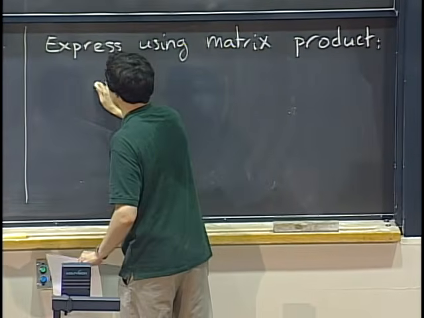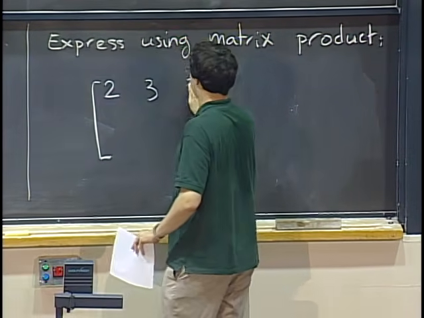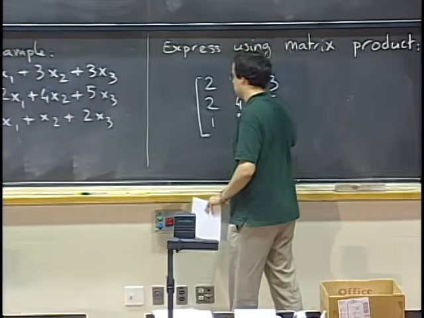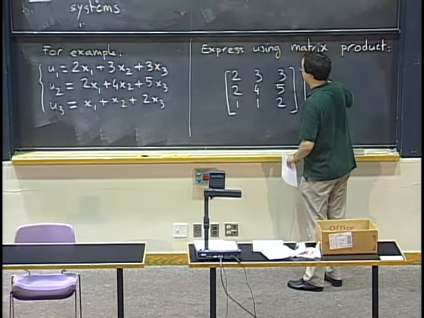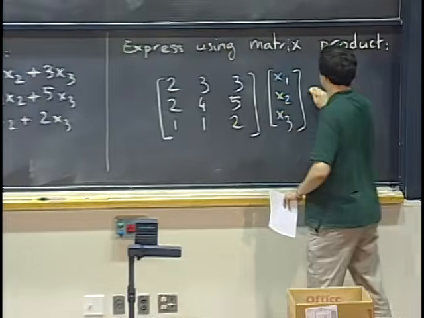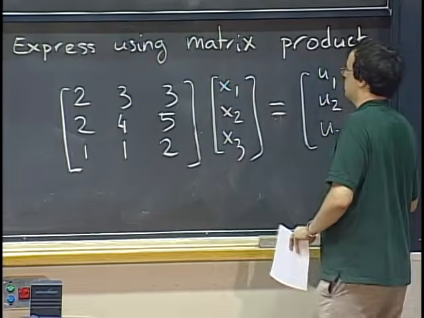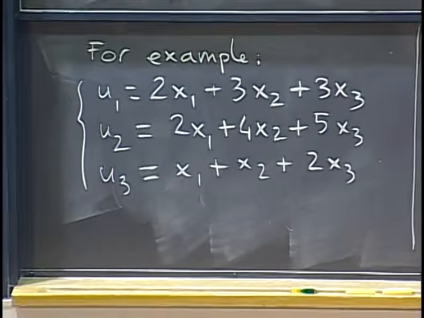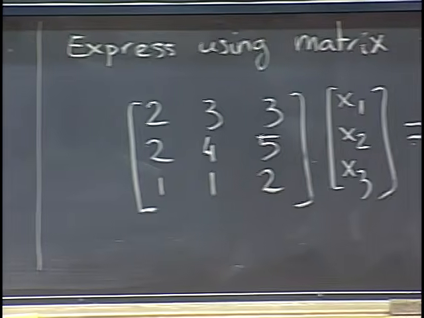So instead of writing this, I will write that the matrix 2, 3, 3, 2, 4, 5, 1, 1, 2 times the vector x1, x2, x3 is equal to u1, u2, u3. Okay, so hopefully you see that there's the same information content on both sides. I just need to explain to you what this way of multiplying tables of numbers means.